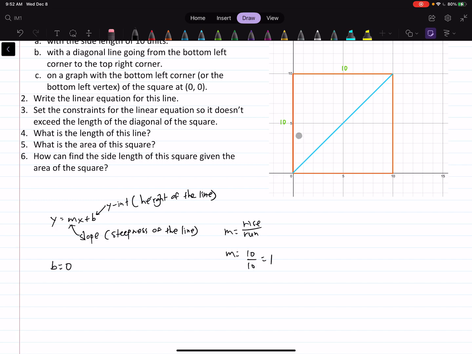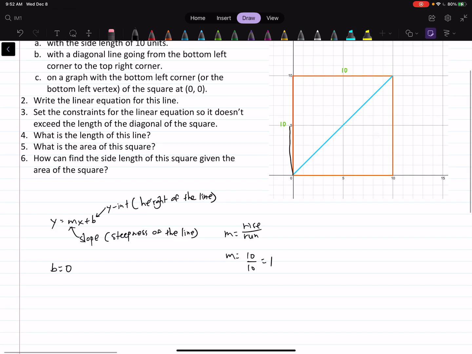Now, it doesn't necessarily have to be 10 over 10. It could be 5 and 5. I could have drawn my rise like this, run 5, rise 5. That would be the same thing. 5 over 5 is equal to 1.